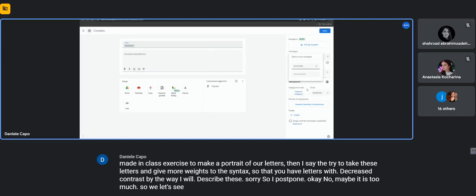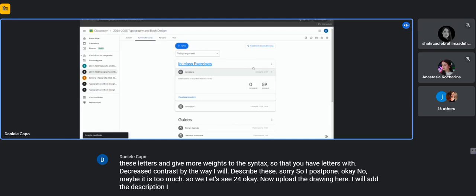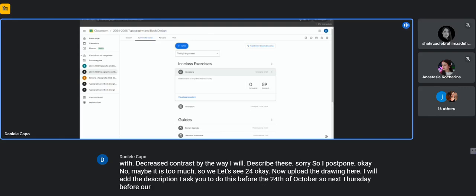Now, upload the drawing here. I will add the description. I ask you to do this before the 24th of October, so next Thursday, before our lesson.